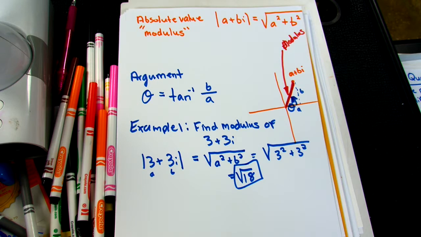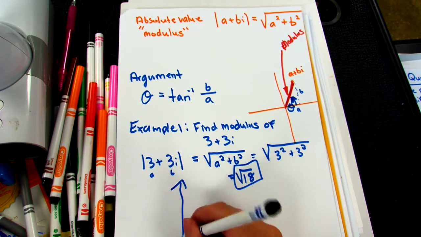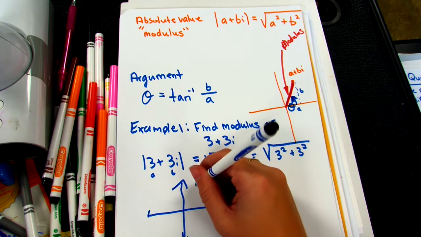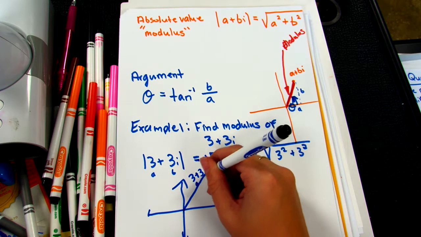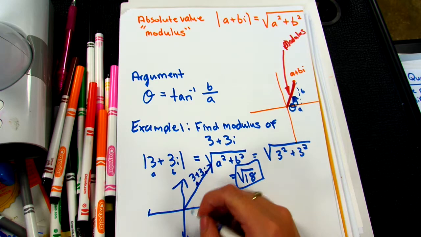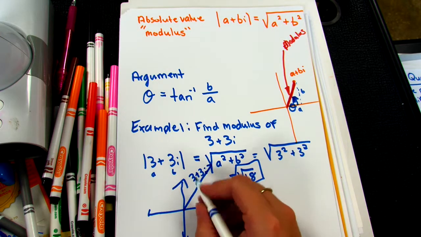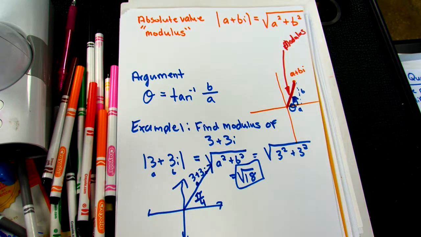So here's something that we also need to know. Let's say that this 3 plus 3i, here's its terminal ray, and let's say that it had an argument of pi over 4. All right, cool.